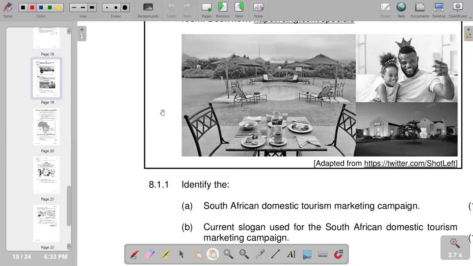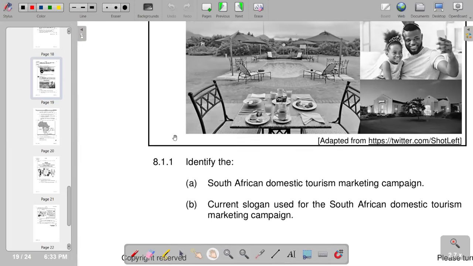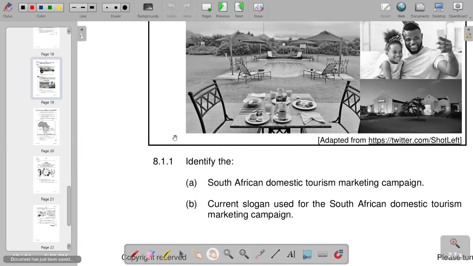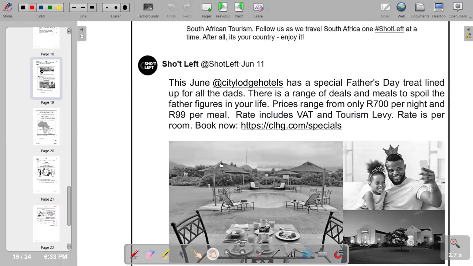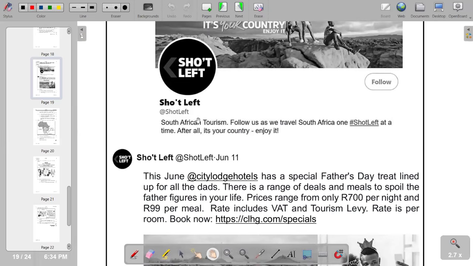In terms of the first question, identify the South African domestic tourism marketing campaign. I would say that according to the information given, it is Short-Lived, as indicated. Basically, this is what we have on that part.